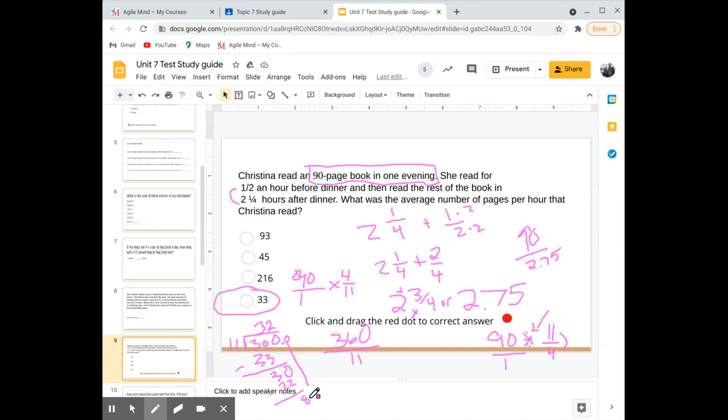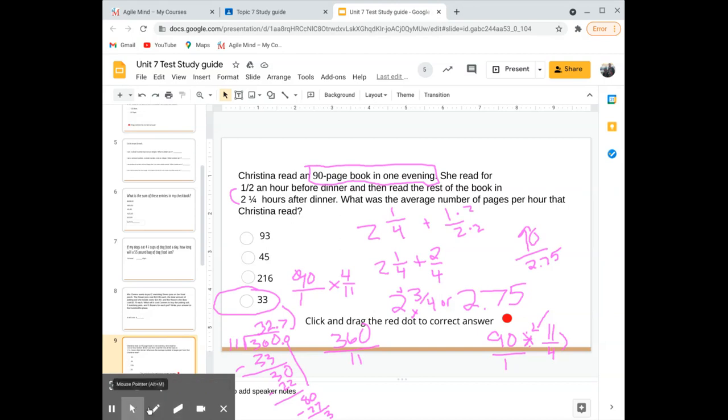We bring that down, we get a 0, and 11 goes in here how many times? 11 times 6 is 66. 11 times 7 is 77. So look at that. It's going to start kind of repeating itself, but 32.7 rounds to what as the nearest whole number? 33. Yeah, 33. Correct.